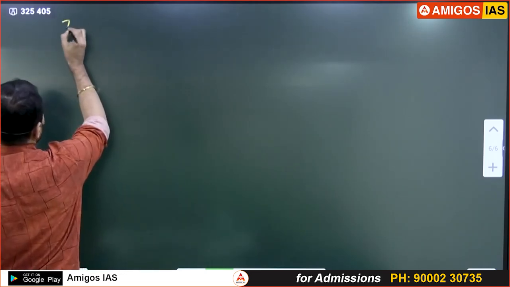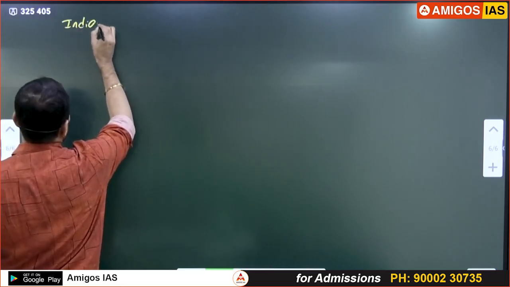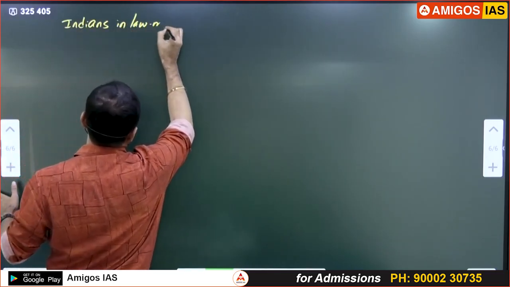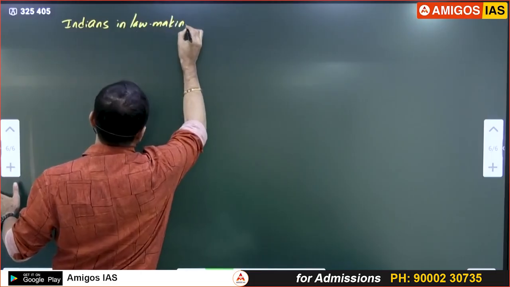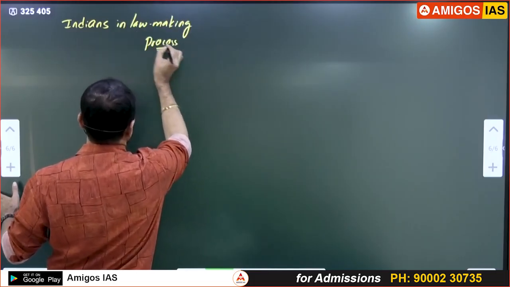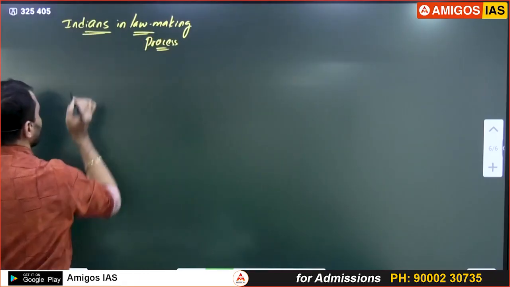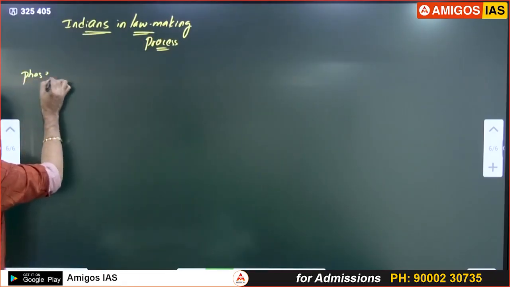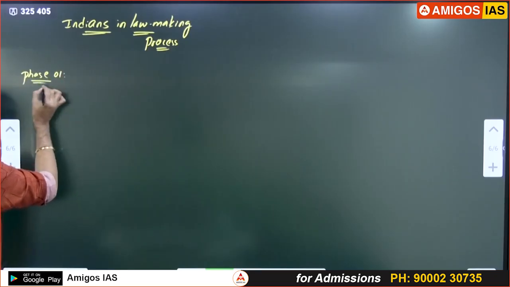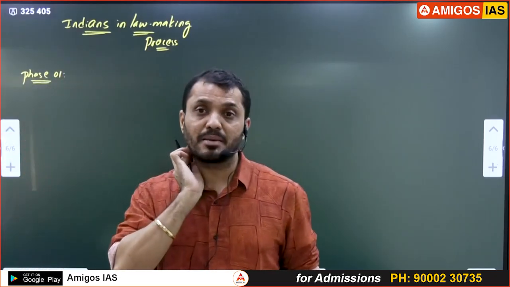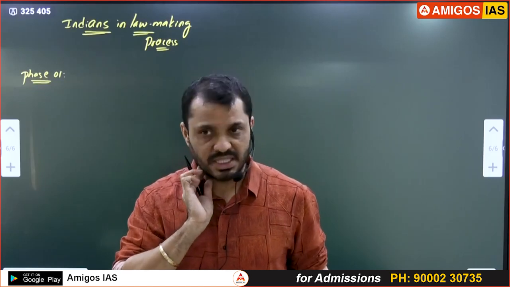As a part of this, you have to know that this is also phase-wise. Phase 1. I'm saying that Indians started their journey in the lawmaking process in 1861, isn't it?